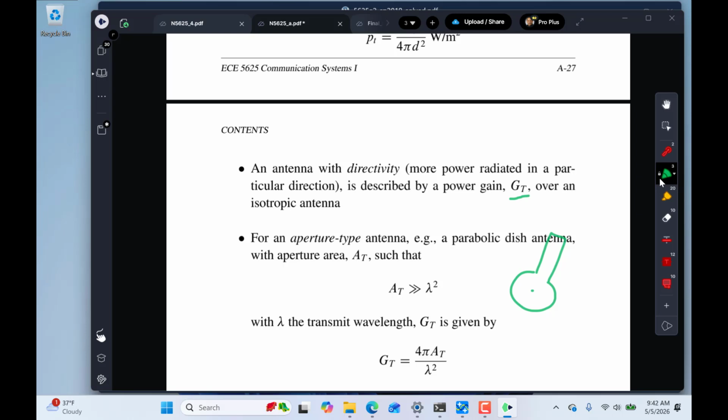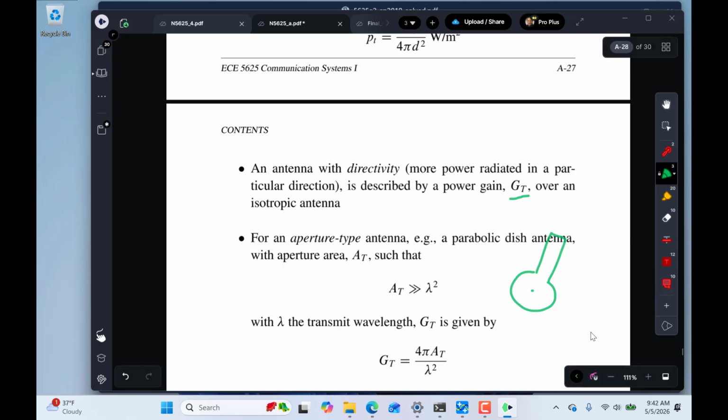But this aperture antenna is typically the type of antenna that represents a parabolic dish. So it has an aperture area AT, and as long as the effective aperture area is much greater than lambda squared, the wavelength of the RF signal, then the gain of the aperture antenna is 4 pi AT over lambda squared.